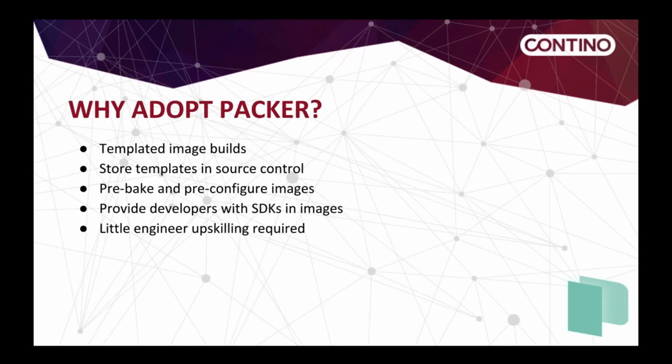Now that you have these templated images, it allows you to pre-bake and pre-configure images ready to go. So you could have 50 images, all 50 of them configured differently to perform different roles in your infrastructure, and they could be ready to use within seconds because you've already templated and configured all of these images ready to go.